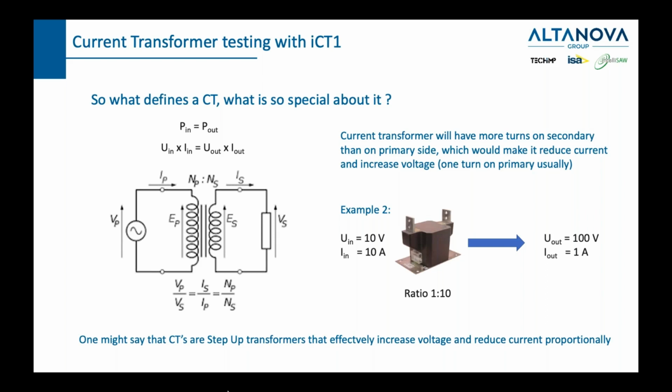You could also say that a CT is a step-up transformer that effectively increases the voltage and reduces the current proportionally. This word proportionally is very important, because you will see that there are a lot of tests which test this proportionality. Apart from ratio, there are some indirect tests which test the proportionality.